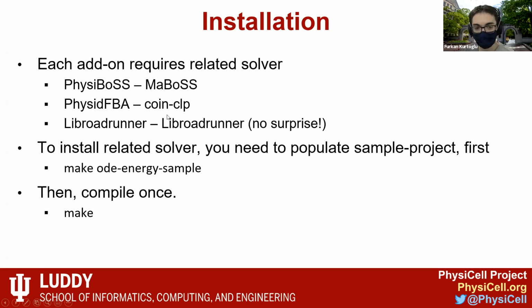PhysiDFBA is using an optimization solver called COIN-CLP, and LibRoadrunner, of course, is an ordinary differential equation solver for chemical reactions. To install the related solver, you need to populate the sample project first. For instance, if you would like to install LibRoadrunner, you need to run make ode-energy-sample and then make.